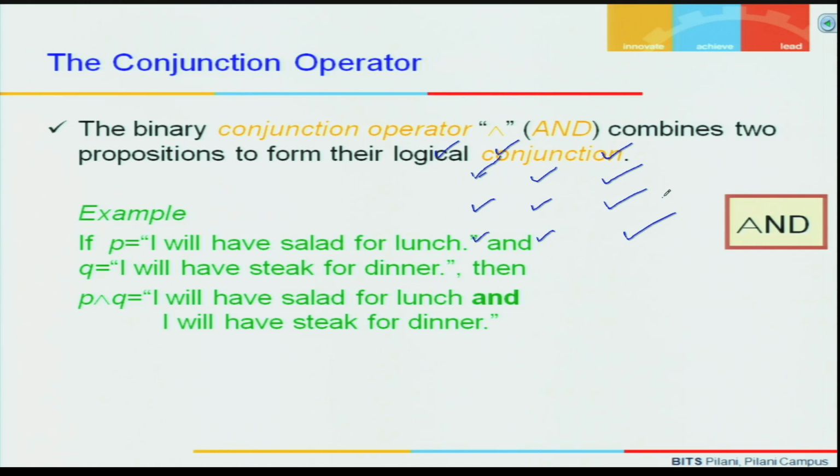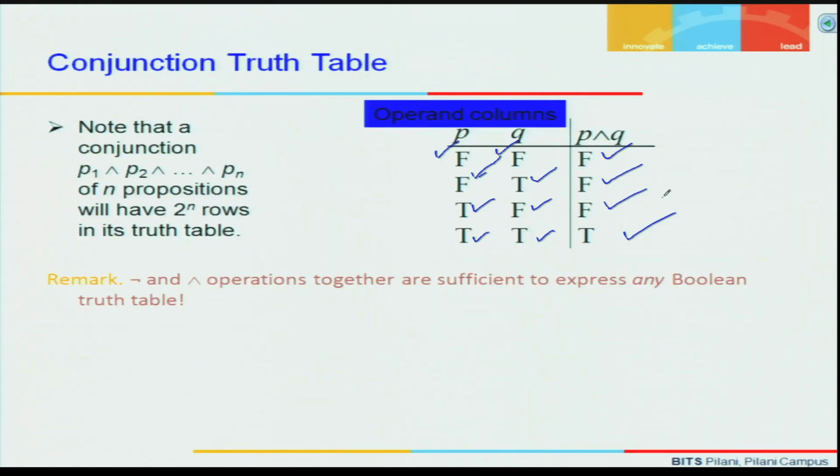The same way, the resultant value of the compound statement is defined. When P assumes false and Q assumes false, P and Q is defined to be false. The intuition behind this is quite natural from the language that we speak.